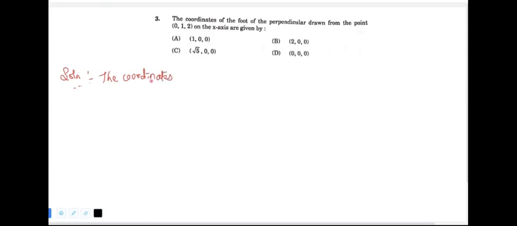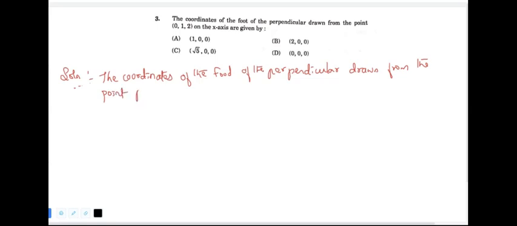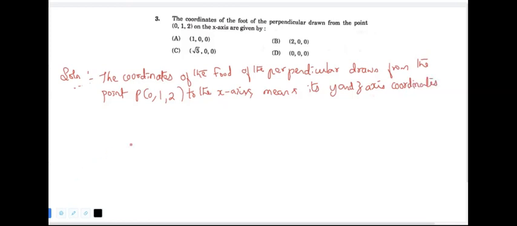The coordinates of the foot of the perpendicular drawn from the point P (0, 1, 2) to the x-axis means its y and z coordinates will be 0.